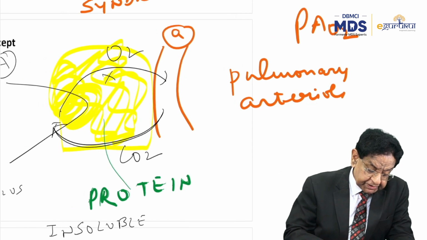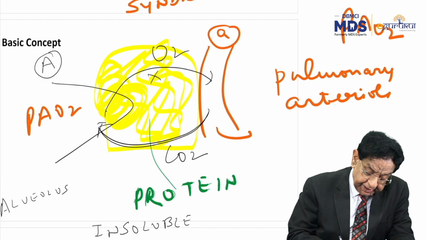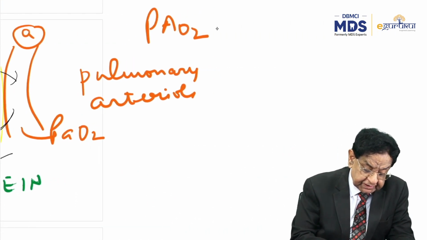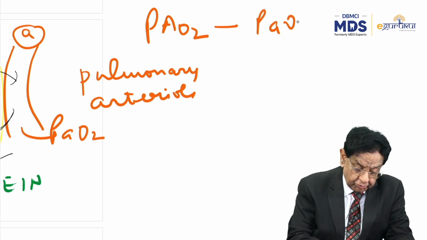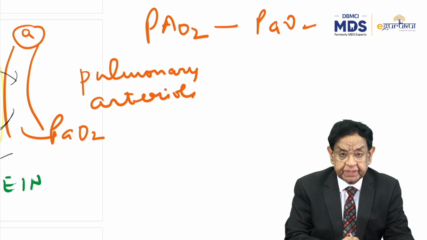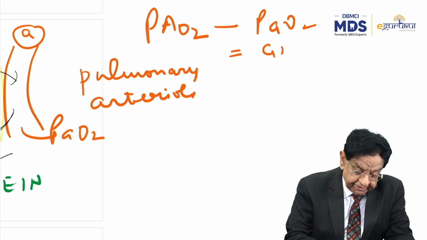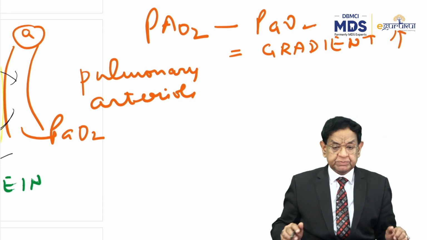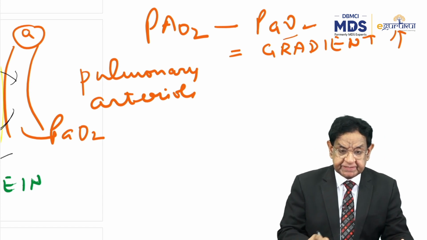So this is the PaO2, partial pressure of oxygen at the alveolus. Here is the PaO2, small a. Now this oxygen cannot come in. PaO2 will remain low because oxygen cannot get in. So in that case, the gradient will increase. Because PaO2 is not increasing, the gradient increases.